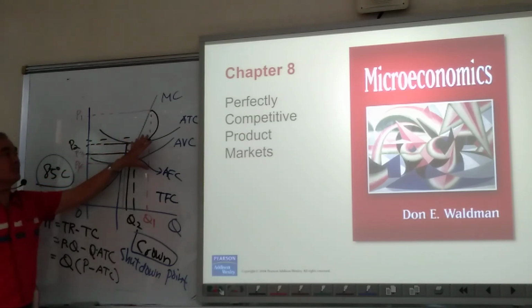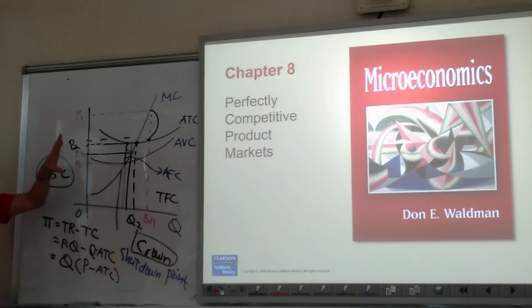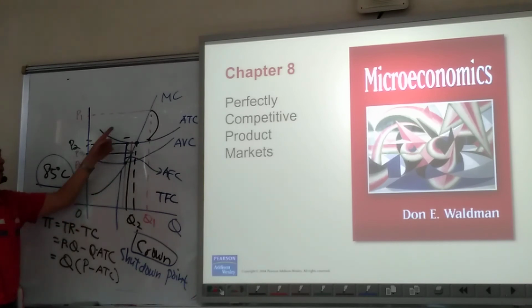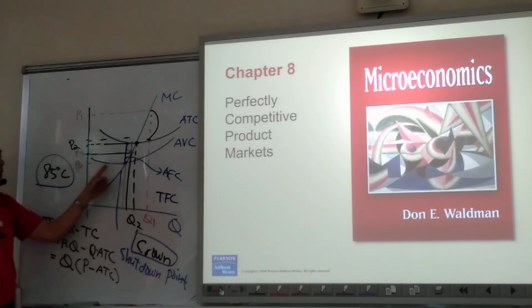So this diagram shows you a little bit the situation of the perfect competition market and also the adjustment there. And so here will be very important for the exam. MC and AVC intersect at the minimum of AVC, and this is the shutdown point.